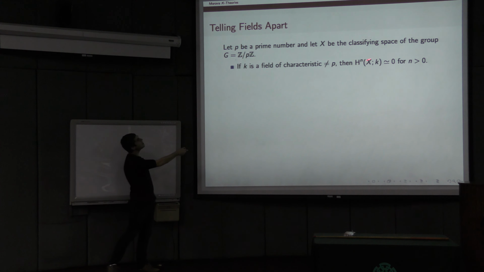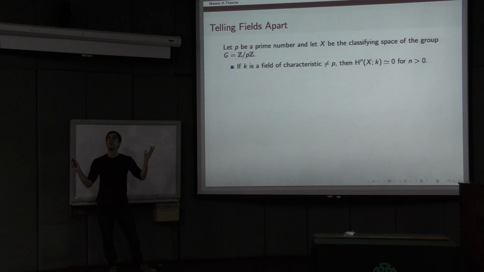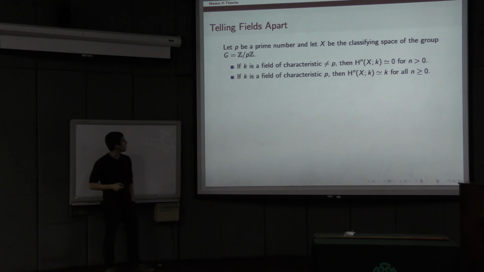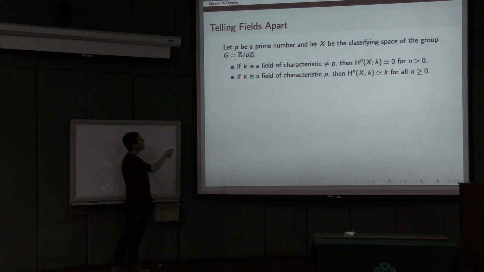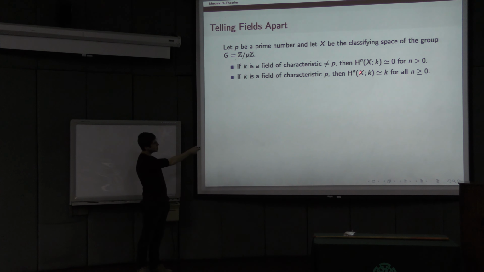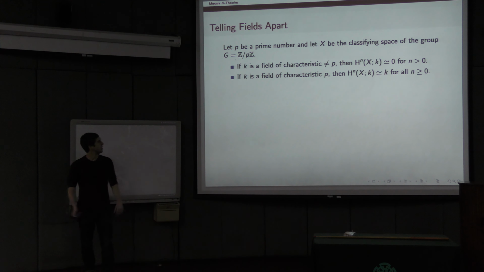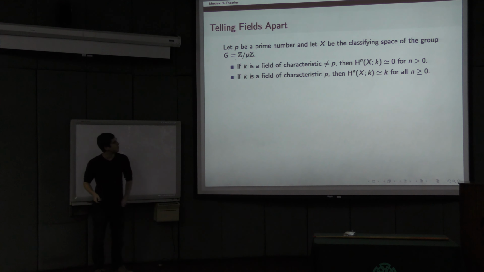From the point of view of this cohomology theory, X is no different from a point. Now you get a very different answer if you compute cohomology with coefficients in a field of characteristic P. In that case, it turns out the cohomology of this space X is non-zero in every degree. In fact, it's isomorphic to K in every degree.